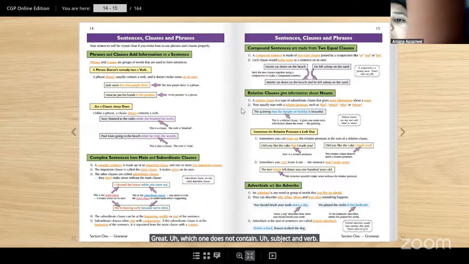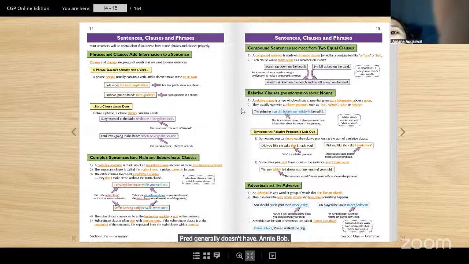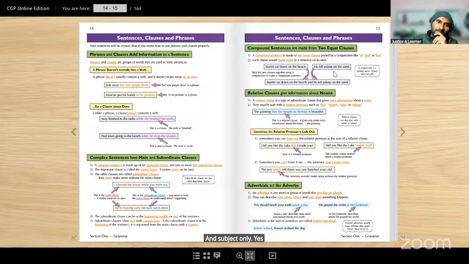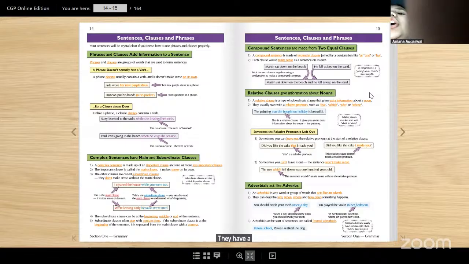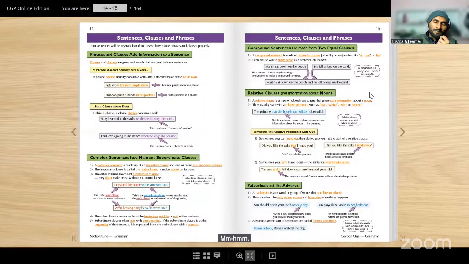A phrase generally doesn't have any verb and subject. But clauses and sentences may have it. A clause could be both a subordinating clause and a main clause. Right, great.